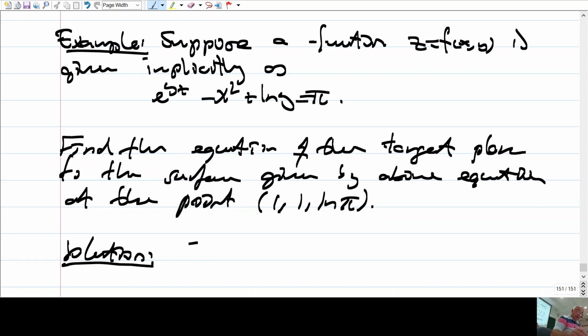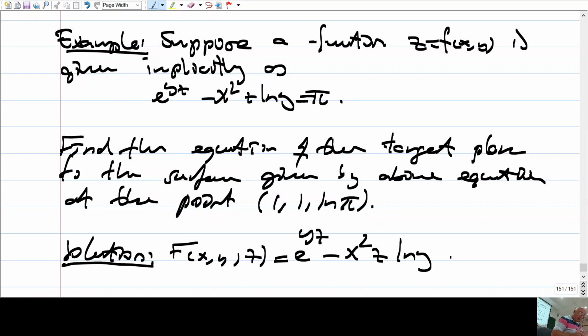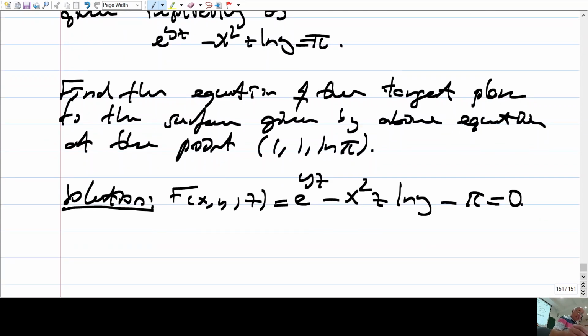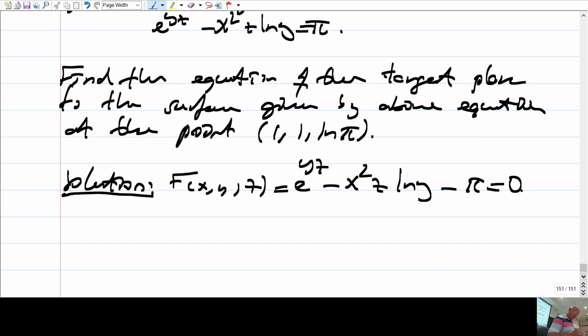Now f of xyz is this function e to the power yz minus x square z ln y minus pi equals 0. Now this thing has a graph in 3 space, and we are asked to find the tangent plane to this graph at the point 1, 1, ln pi.